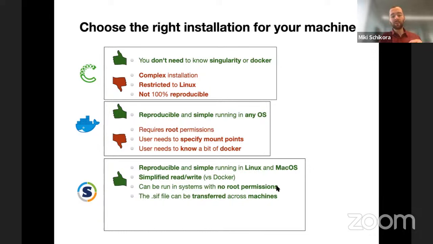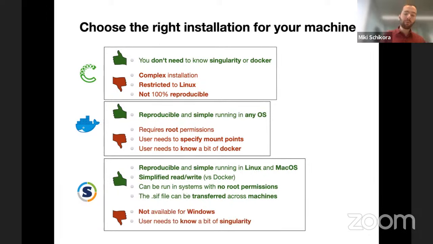It can be run in systems with no root permissions, and this is nice because in high performance computing, you will only be able to use the Singularity images. And in general, the way Singularity works, that it generates this zip file that contains the Singularity image, is really nice because you can transfer it across machines. You can send it to some collaborators. This is the exact code that I use. It's kind of a file, right? That's very nice.